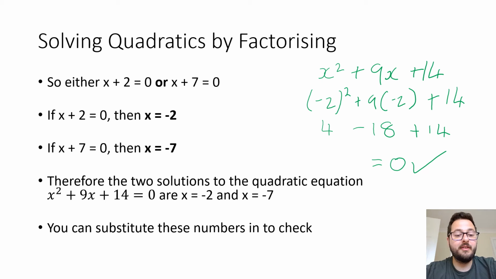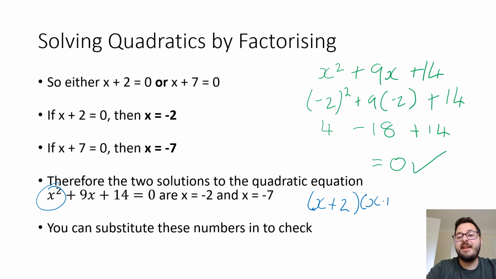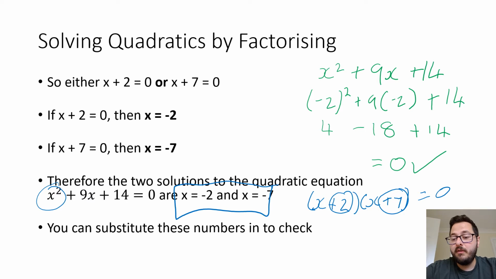So that's all good. Okay, so another little trick. This is the logic behind it, but as soon as you've factorised it, and this again only works when you've got one x squared term, so we factorised it to x plus 2, x plus 7 equals 0, you can just, whatever these two numbers are, minus them, and that will give you your two solutions.